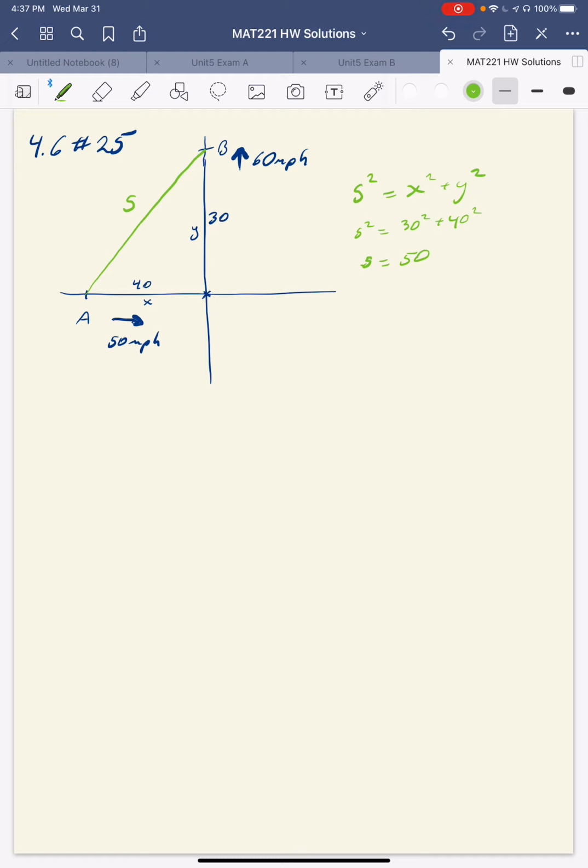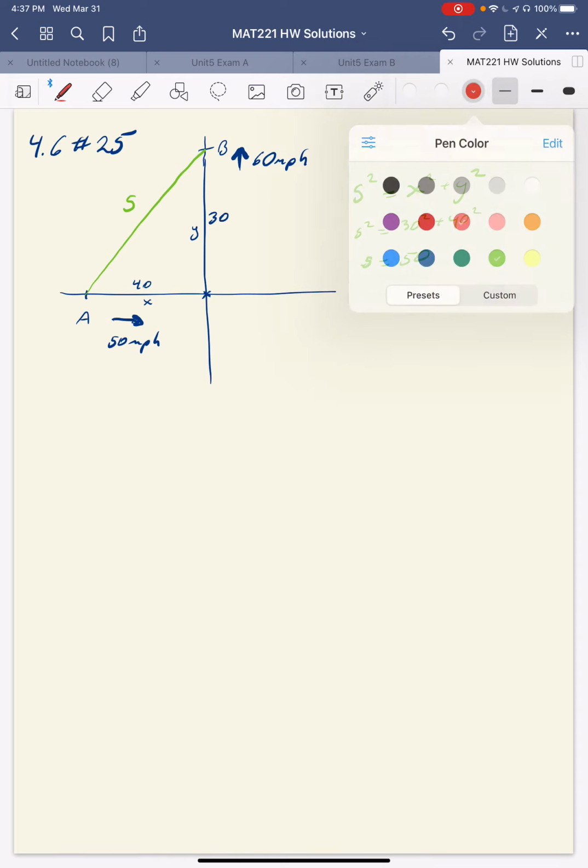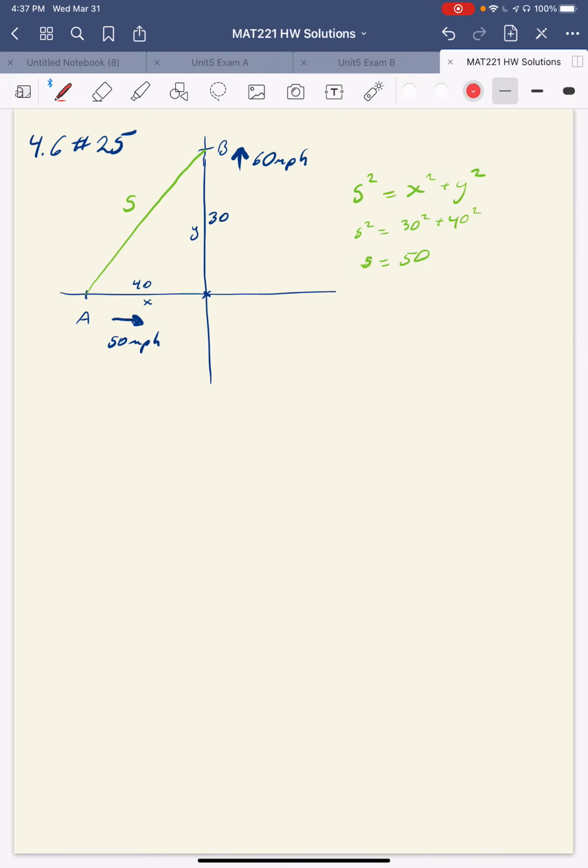So S is 50, but now I'm looking for the derivative with respect to time. I'm going to go back to my equation and take the derivative of both sides with respect to t. I need to take the derivative of each term with respect to t.